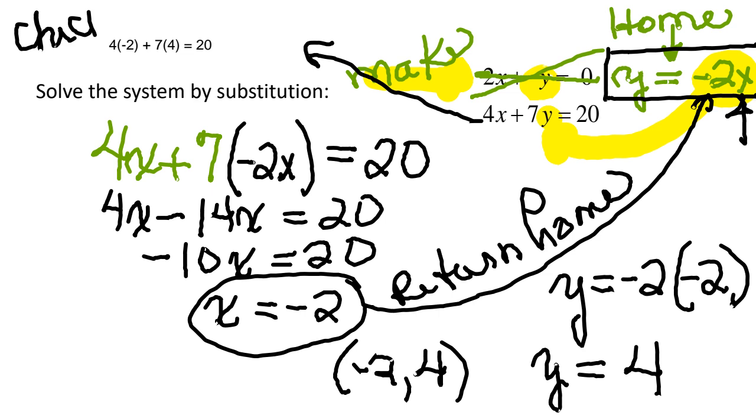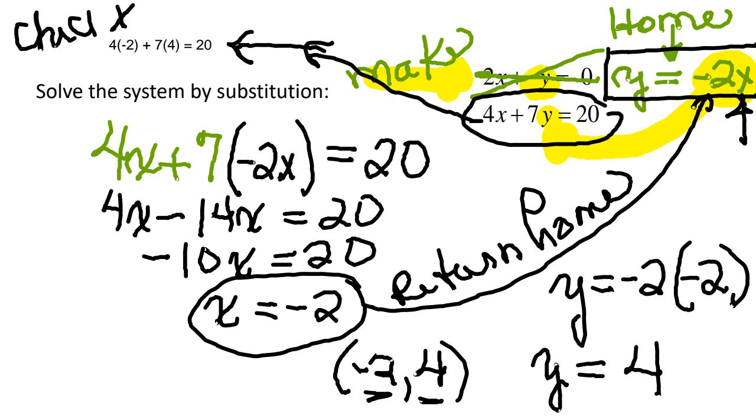I take this equation and I put in the value for x and the value for y. This was my x, this was my y, and this equation is true. Okay?